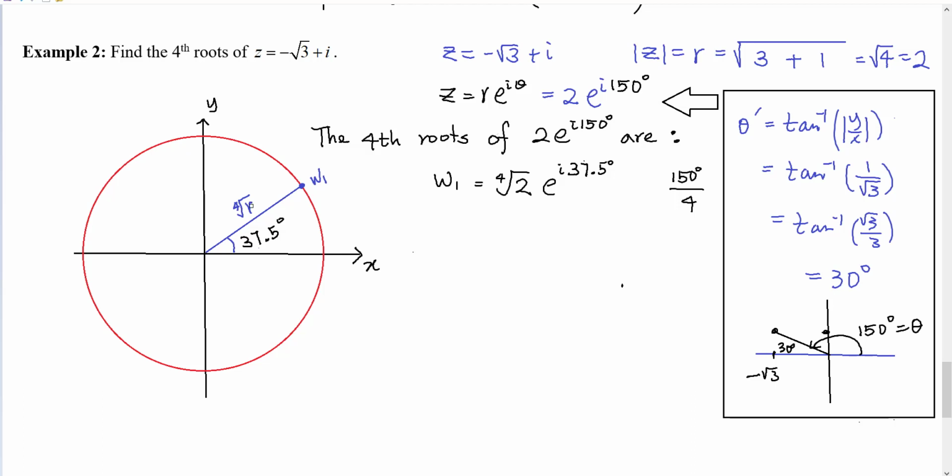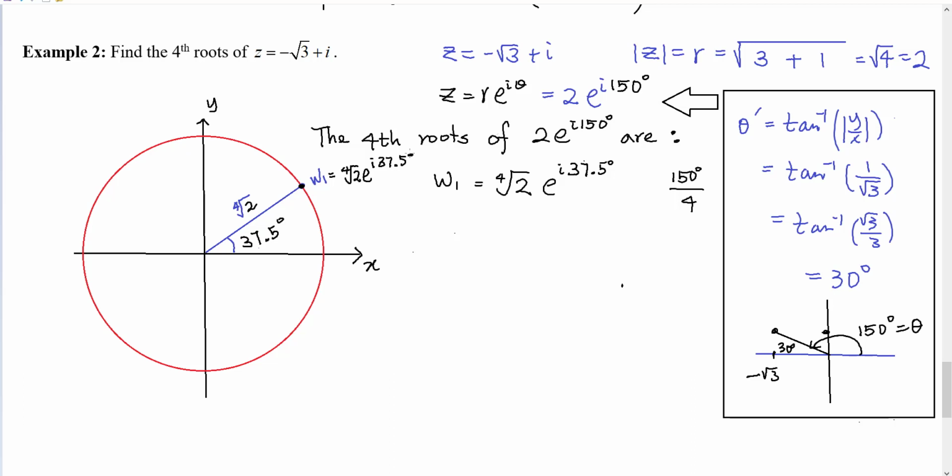And now r is 2, so the fourth root of 2 is the radius of this one. All the fourth roots of the complex number sit on the circle with radius fourth root of 2, and they are an equal angle apart. So w1 is over here, which is the fourth root of 2 times e to the i 37.5 degrees.